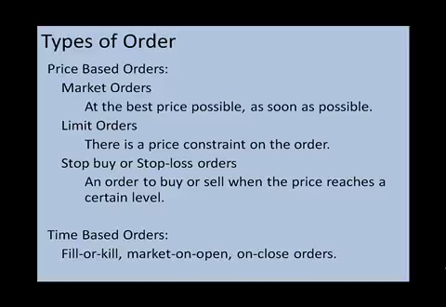This is where you trade at the best price possible as soon as possible. But there are also other types of orders. We have limit orders, in which there is some price constraint on the order, and we have stop buy or stop loss orders. Again, here there is a price constraint on the order.